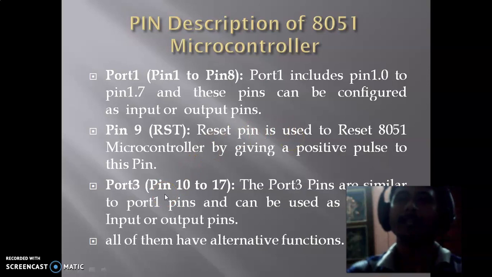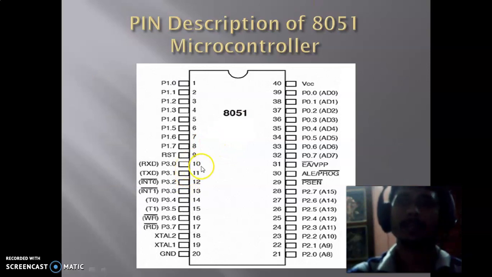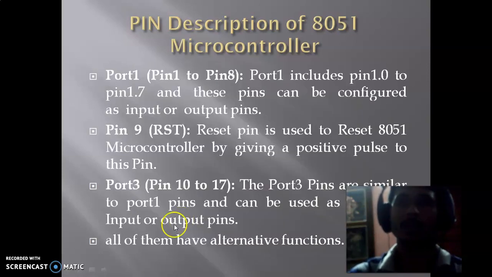And port 3, that is pin number 10 to pin number 17. Here we have a dual role of this port. That port can be used as input as well as output, and all of these pins have alternative functions.